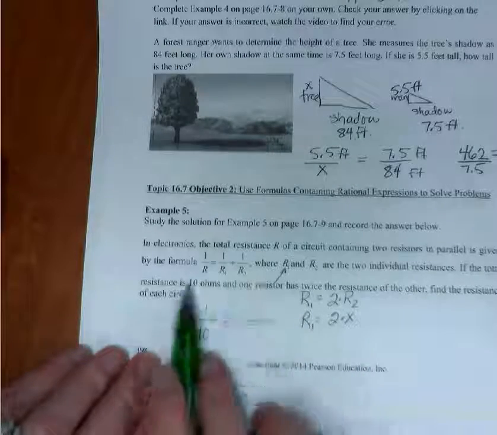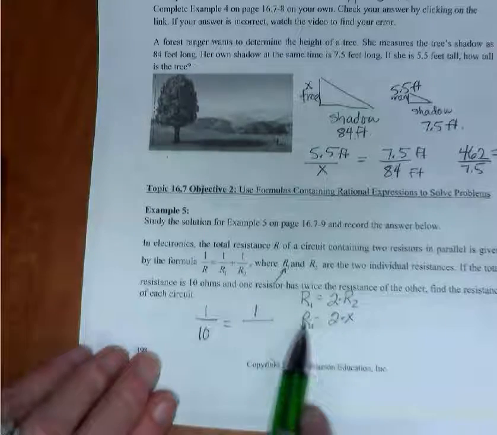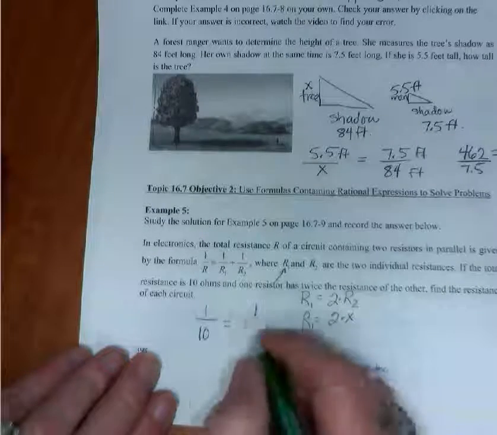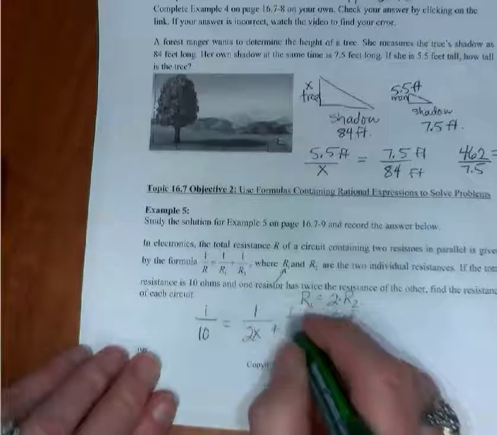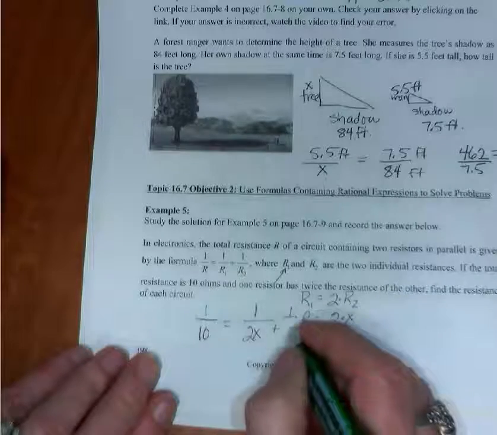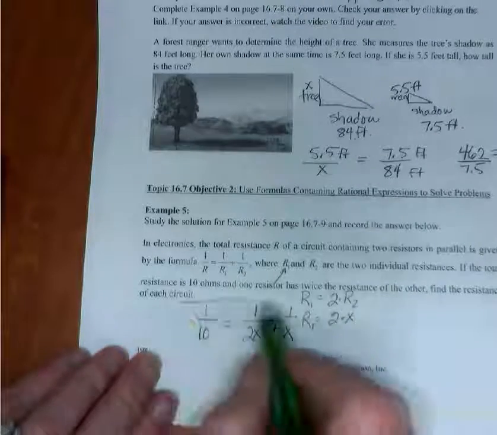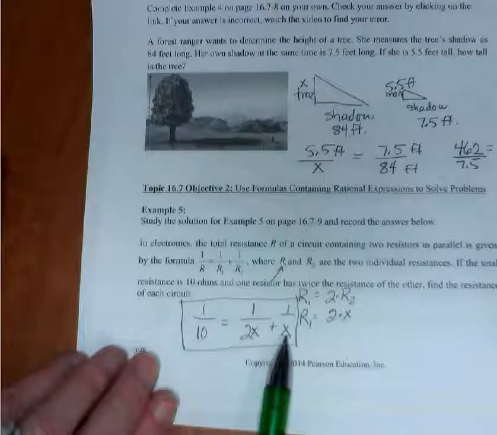So going back to this formula, we can plug in 1 over R1, which we just decided was 2x, plus 1 over R2, and I'm letting x equal R2. So I have this equation with x's in here now.